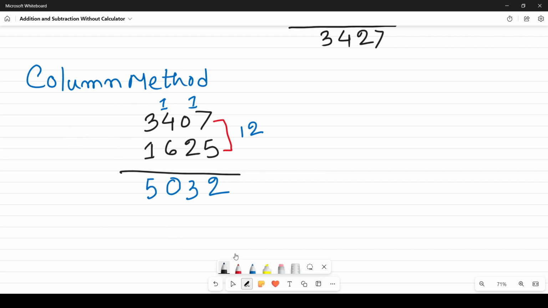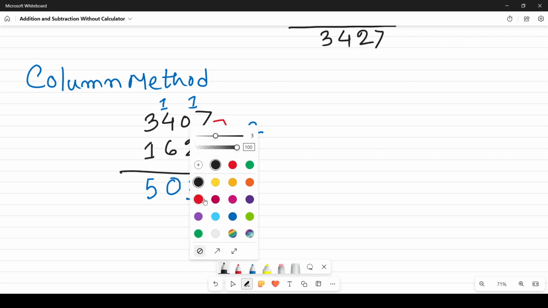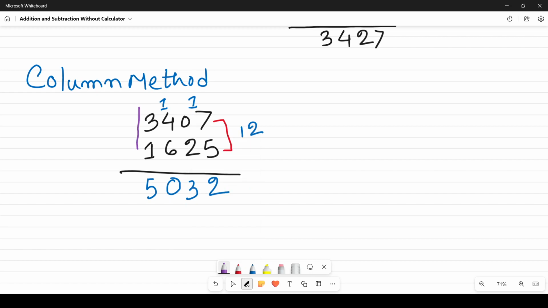Let's split this first number into its place values. We'll have 3400, tens is 0, and then we'll have 7.